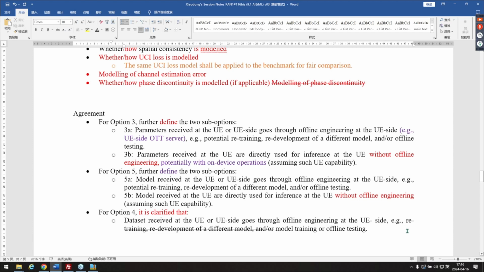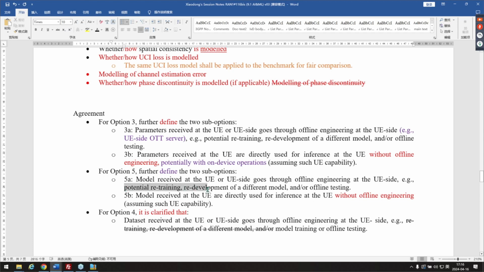And then I think we also need some editorial changes. So for option 5B, this purple text that was added into option 3B should be repeated for option 5B. The potentially with on-device operations that you find in 3B, the purple text in 3B.